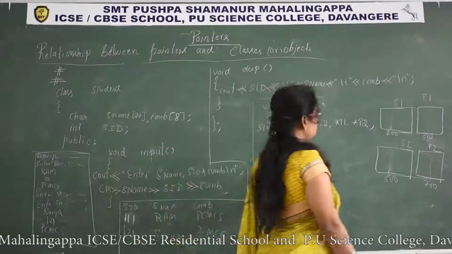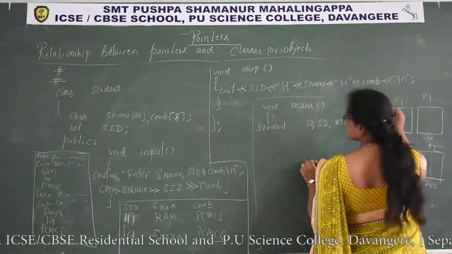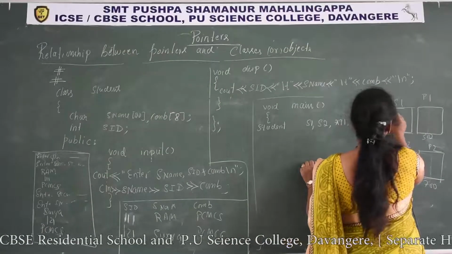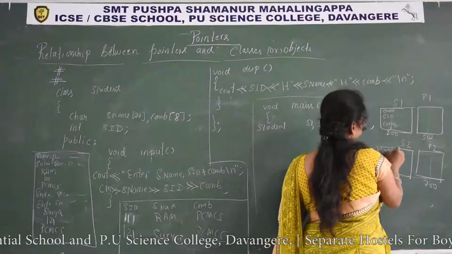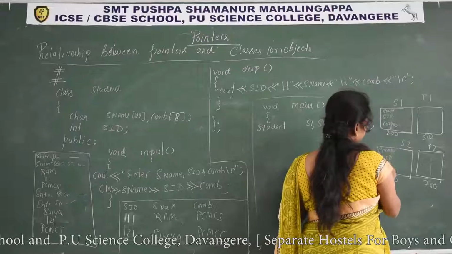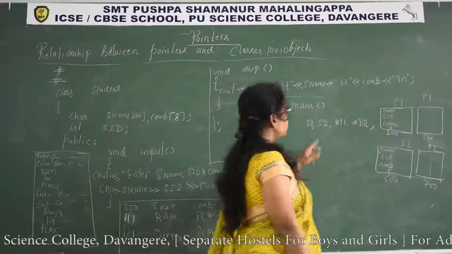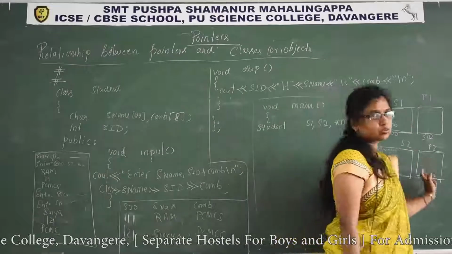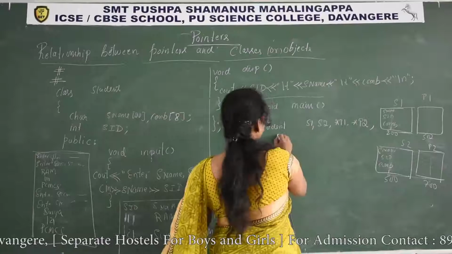What are the things included in these two objects? S name, SID, combination. S name, SID and combination. Now let us store the address of these two objects into these pointers. How to store the address?